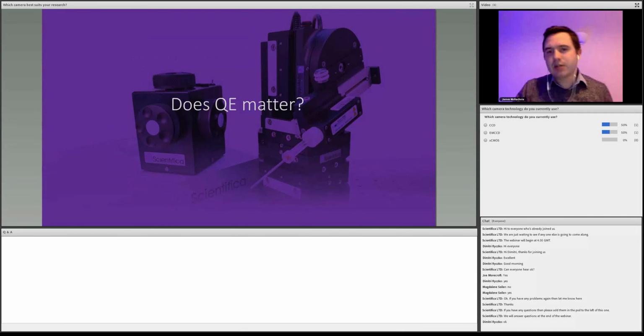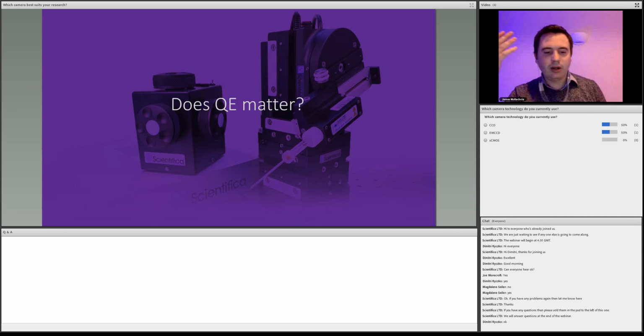What does a 10% change in QE mean to your science? If we were using a 50 millisecond exposure time, let's say, and we needed to go 10 frames a second, so 50 milliseconds is well beneath that, and we have a 10% QE advantage by spending twice as much money, would we do it?